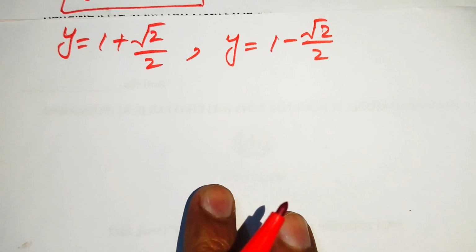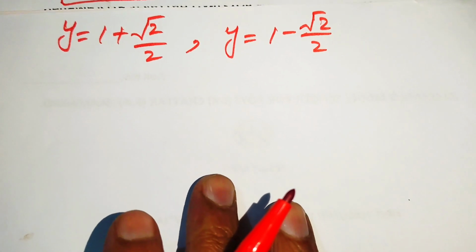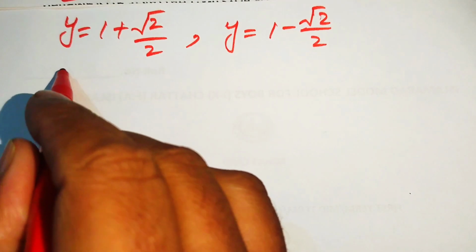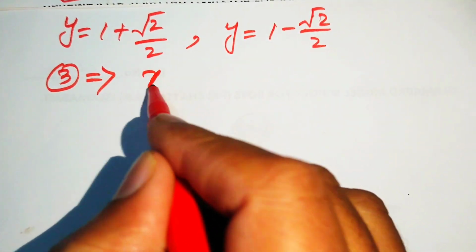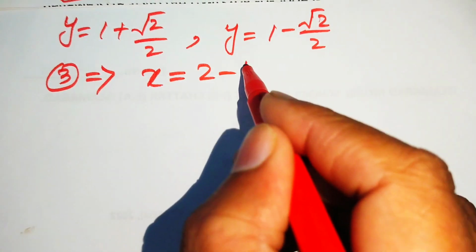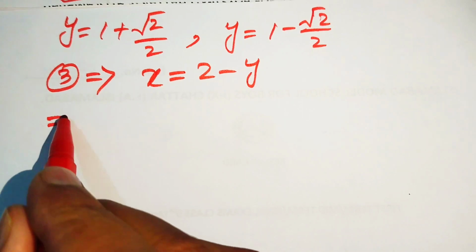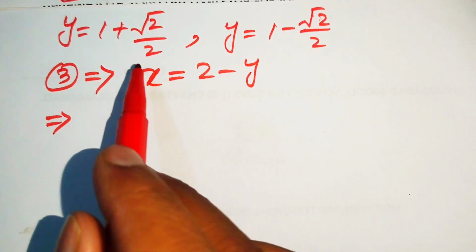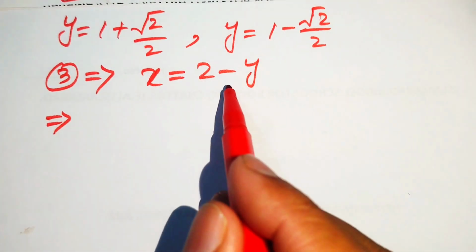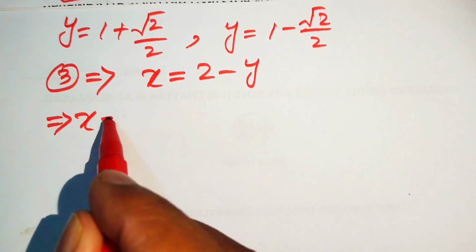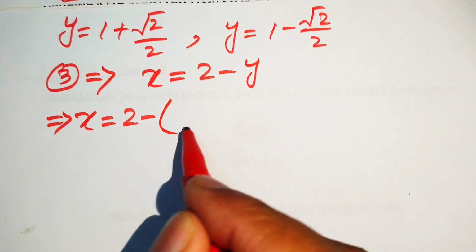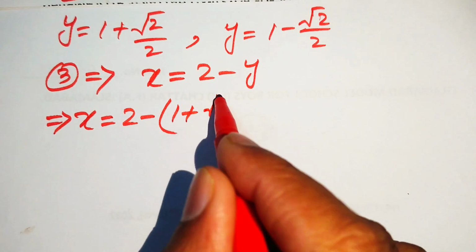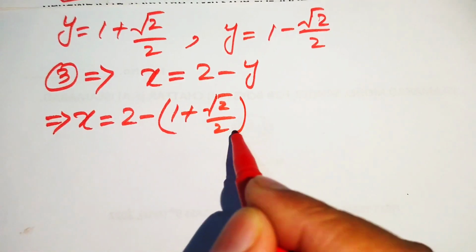So now we need equation number 3, which is x equals 2 minus y, and we substitute both of these values of y here. First we put this positive value, it becomes 2 minus y, and y is 1 plus square root of 2 divided by 2.